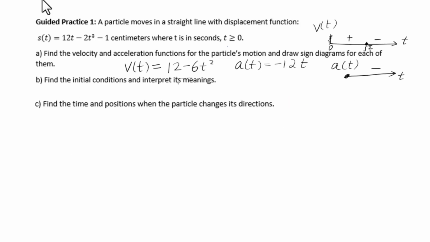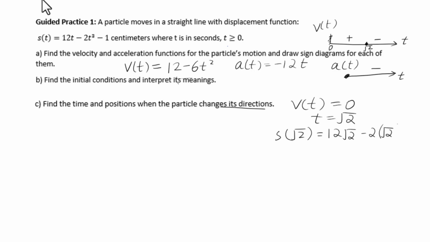Look at C. Find the time and positions when the particle changes its direction, which means we are looking for v of t equals 0. We already figured this out in A. t equals square root of 2. So s of square root of 2 equals 12 square root of 2 minus 2 times square root of 2 to the third power minus 1.